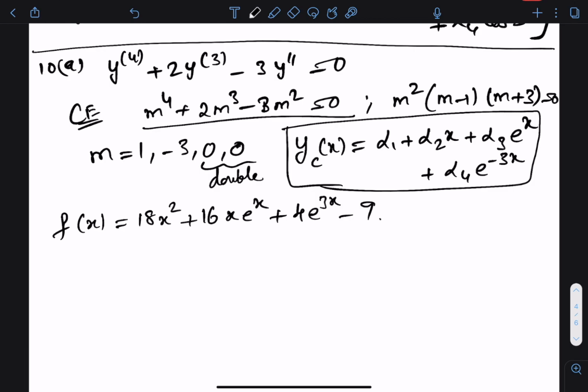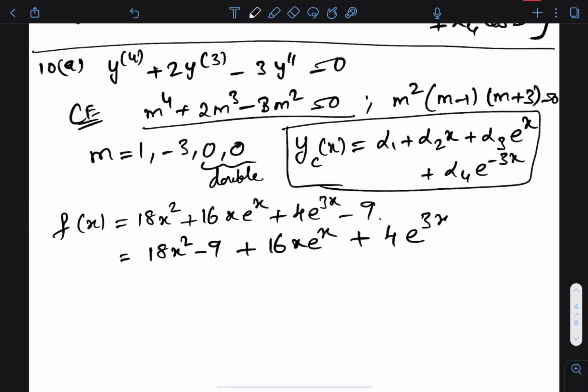And what we have seen already is to find the annihilator of this, that differential operator which will kill them. So let's see it case by case.